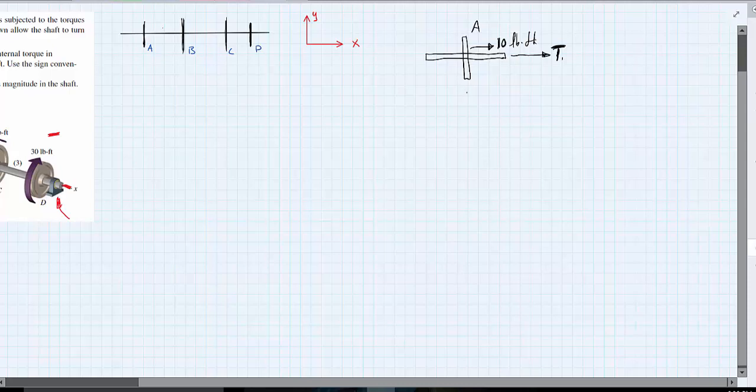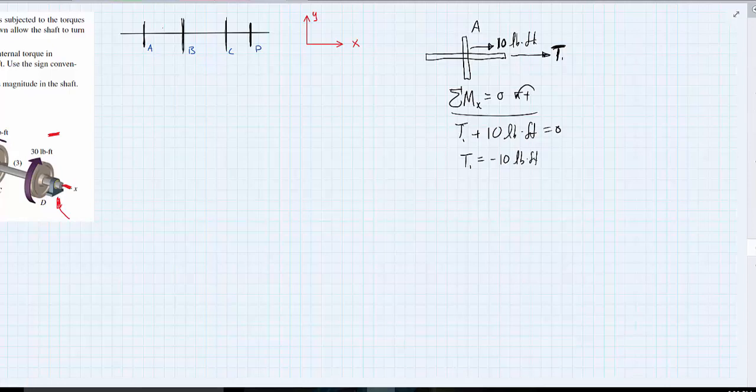So we'll sum the moments around the x equals 0. Right hand rule convention. So we have torque 1 plus 10 foot-pounds equals 0. So that means that torque 1 equals negative 10 foot-pounds.